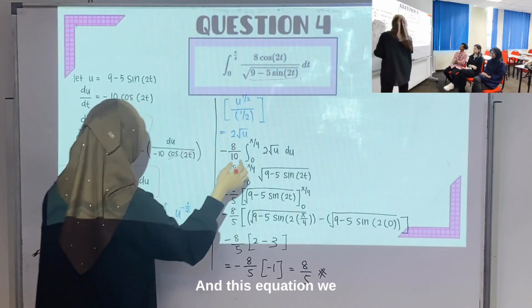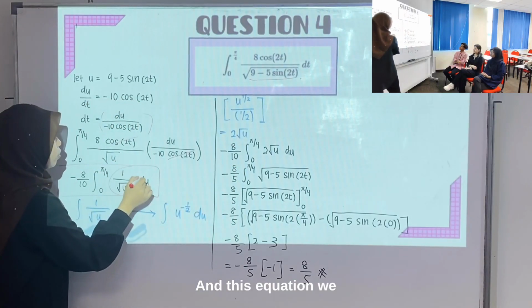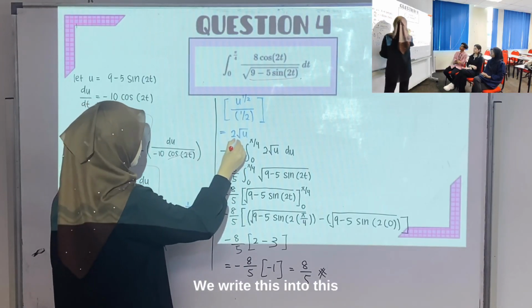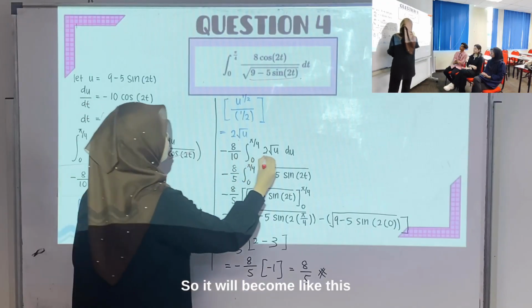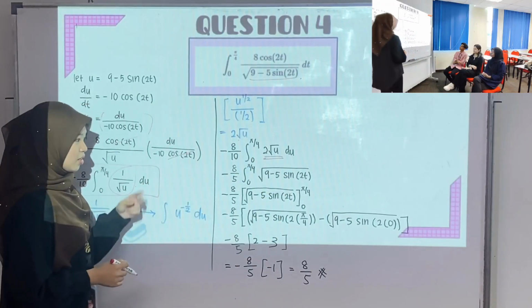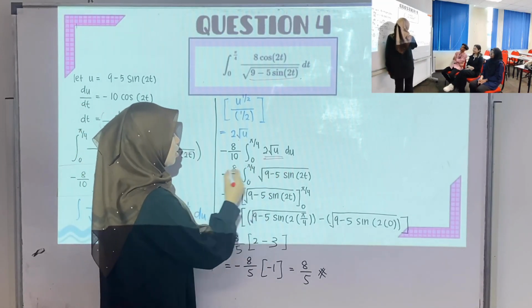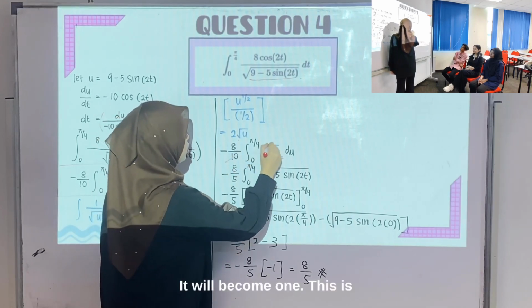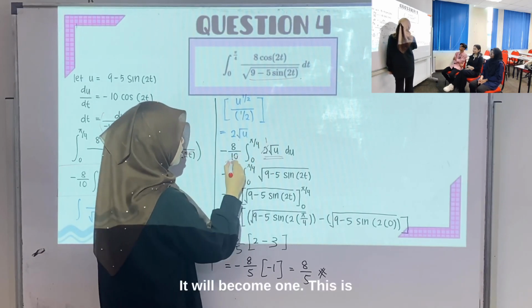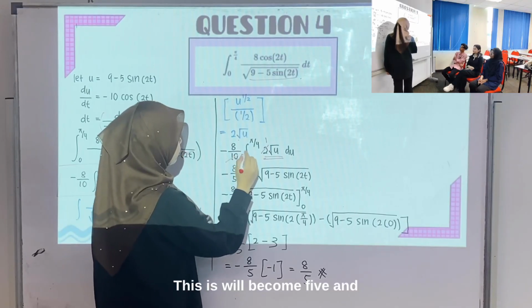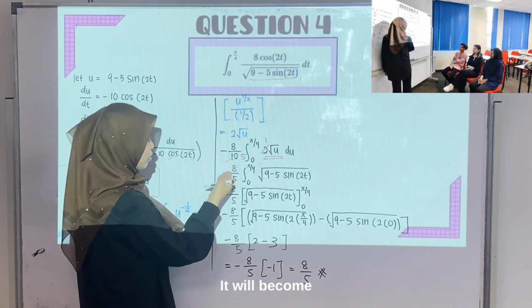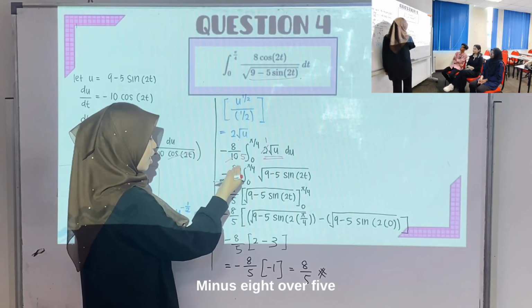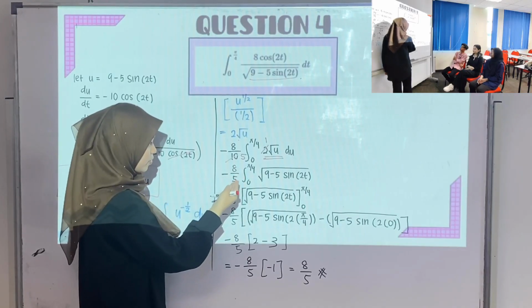And this equation, we write this into this. So it will become like this. As we can see here, 10 and 2 we can cancel out. It will become 1. Will become 5. And it will become minus 8 over 5.